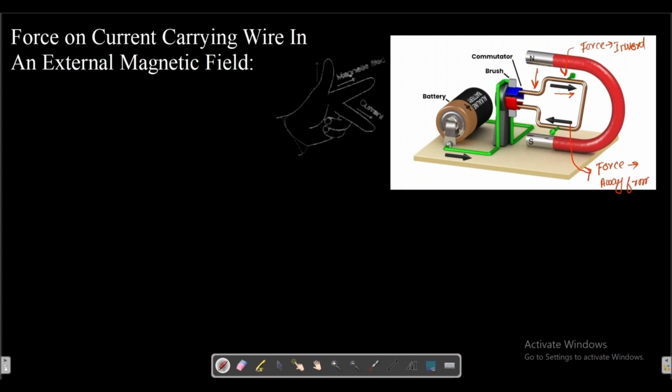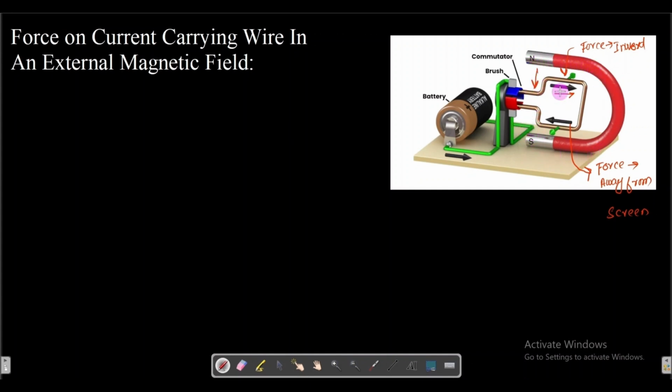So in this side of the conductor, the force is acting inward to the screen, and here the force is outward from the screen. So due to this, a couple will be produced. Okay, so this side will move inward to the screen, and this is outward from the screen, due to which this conductor will rotate inside the external magnetic field.